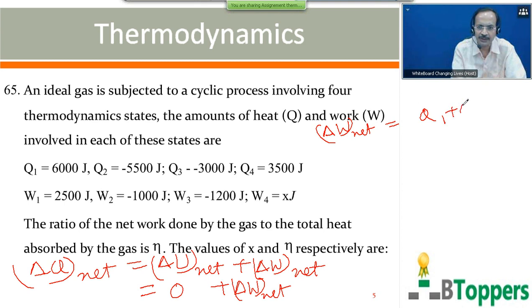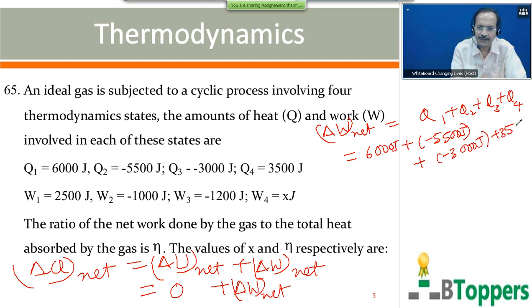Net heat absorbed we can write Q1 plus Q2 plus Q3 plus Q4. Q1 is 6000 joules. Q2 is minus 5500 joules. And Q3 is minus 3000 joules.